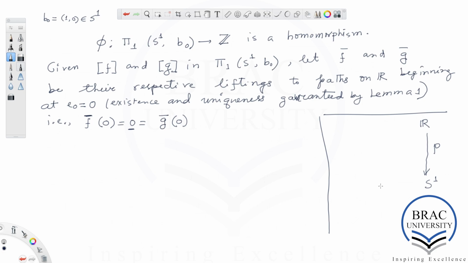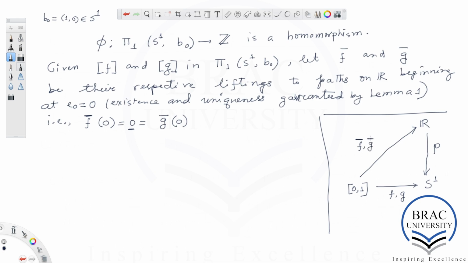And we have two loops, F and G, on this circle S1, which are just maps from [0, 1] to S1, and we denote the unique lifts of these two loops in R, which are F bar and G bar respectively.